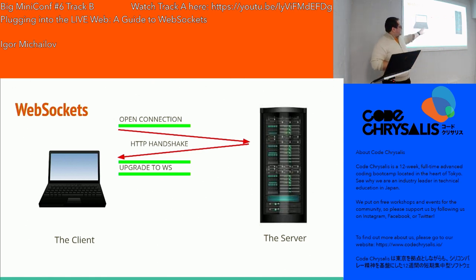But after this WebSocket is created is when, let's call it, the magic starts. I really like one explanation that I found on the internet. They literally called it the Wild West begins. Because what happens after this is you can pretty much not think of this as a client and a server anymore.